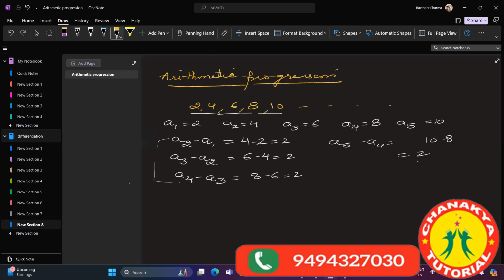Whenever the difference between terms is always constant, that is called the common difference: 2, 2, 2. So you will write common difference is 2, and it is represented by small letter d. And always you have to represent the first term by a.